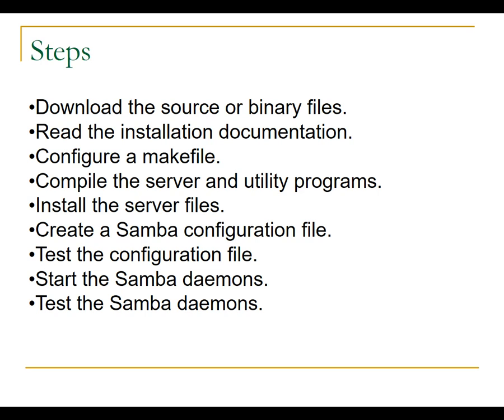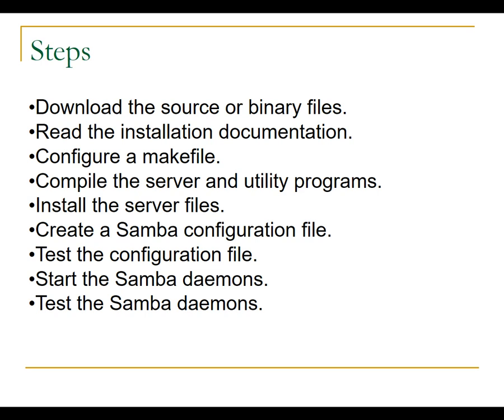Third, create a directory in which we wish to install the Samba server. That means configure the directory. Next step is to compile the server and utility programs. By passing the sudo command, install the specific server file, which is the next step.